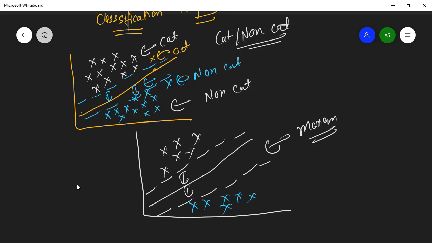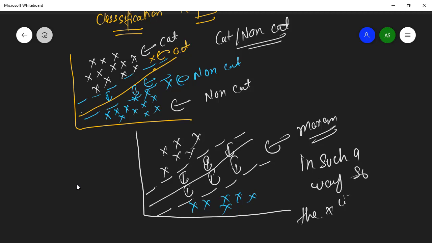So SVM always wants to maximize that margin in such a way that the nearest data point, let's say xi, is far away from this hyperplane, so that whatever comes here will be classified as a non-CAT.